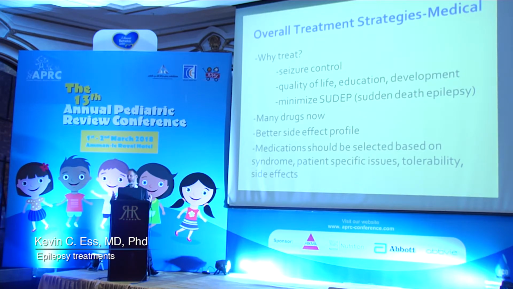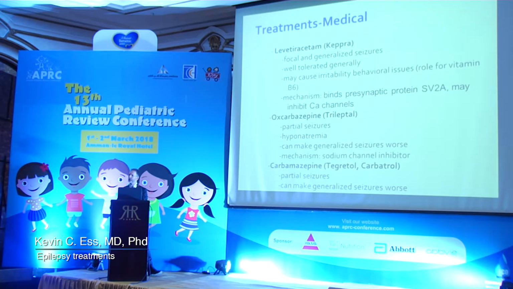So every drug needs to be tailored to the patient's syndrome, their needs and everything, and our job is to help pick the most effective, lowest side effect approach. So I'm going to go through a list of drugs, some which you have in Jordan and some we don't, and tell you my version of what's good about them and what's bad about them. Again, people want these slides. I think we're actually going to post them on the webpage later too, so you can get some of the details if I go too fast.